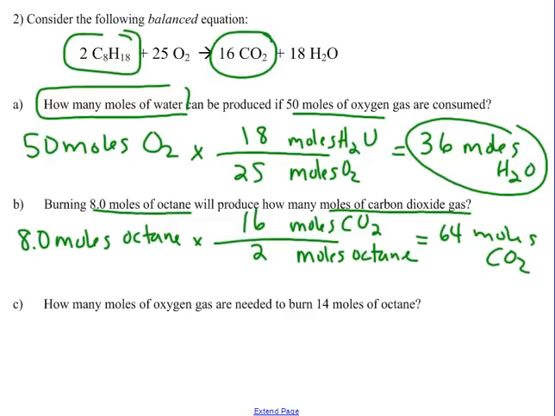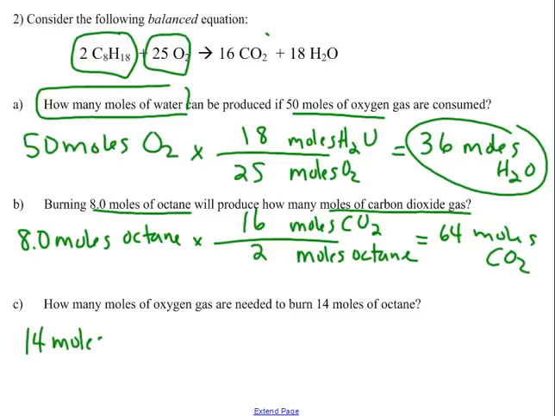Part C. How many moles of oxygen gas are needed to burn 14 moles of octane? So the problem gives us 14 moles of octane to begin with. So moles of octane goes in the denominator.